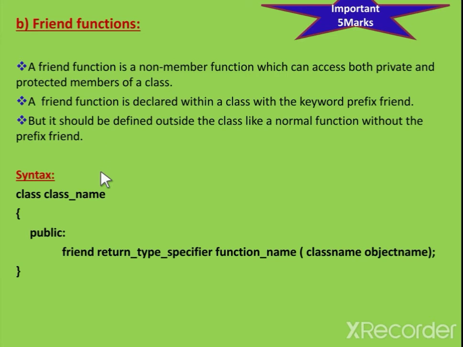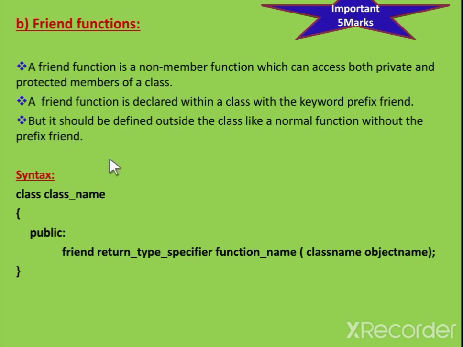See the syntax: class name, opening flower bracket, inside this body of the class, public access specifier, and under this public access specifier, friend, that is prefix friend, return type specifier with function name followed by class name, object name and semicolon.